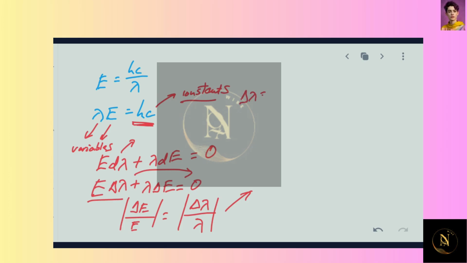The uncertainty in the wavelength is given as lambda times delta E over E. Since we already have the delta E, we just have to put that in, divided by the energy of our photon, 2.58 eV, multiplied by the original wavelength, which is 482 nanometers.